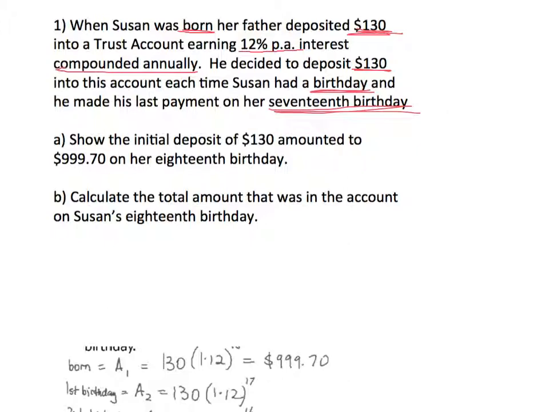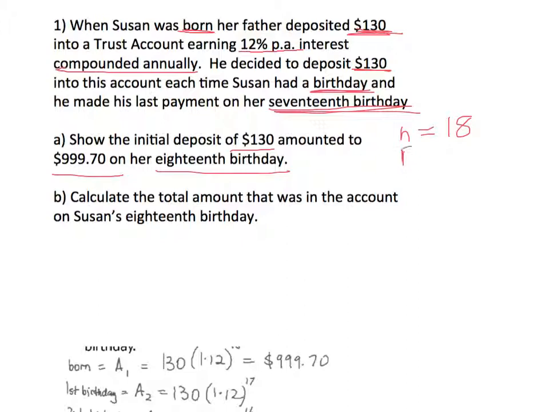All right. Show that the initial deposit of $130 amounted to $999.70 on her 18th birthday. So the first deposit of $130 is going to earn compound interest for how many years? If it's put in when she is born, and we've got to show that it equals this amount on her 18th birthday, that is obviously going to be when n equals 18.